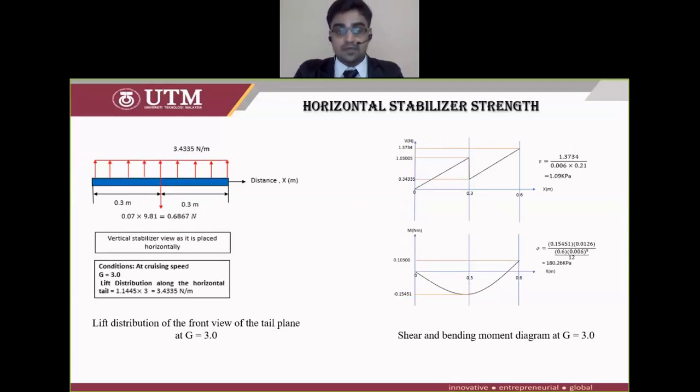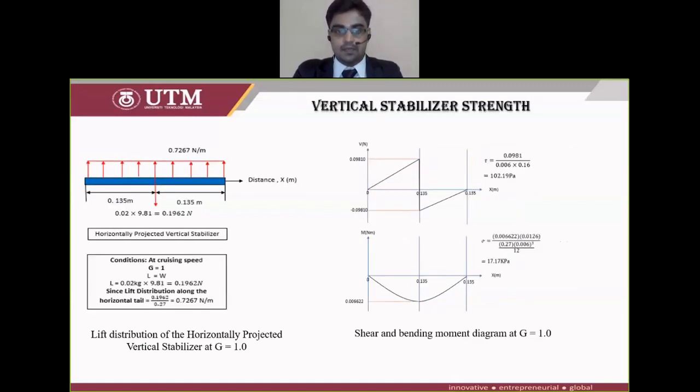A similar process has been approached for G equal to 3.0. We did the same process as we did previously for G equal to negative 1.5 and 1.0, and now we are moving on to 3.0, and the shear and bending stresses are also calculated based on the graph, and the values are depicted on the right of the graph.